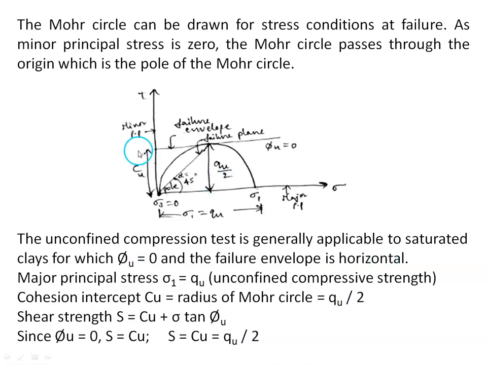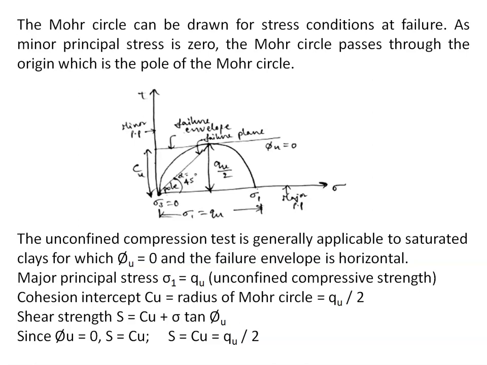So why is the phi value 0? In this test, the unconfined compression test, no drainage is permitted. It is a UU test. If there is no drainage, then there is no reduction in the water content. This test is conducted on saturated clays only. Because it is saturated clay, there will not be any reduction in the void ratio if there is no change in the water content.